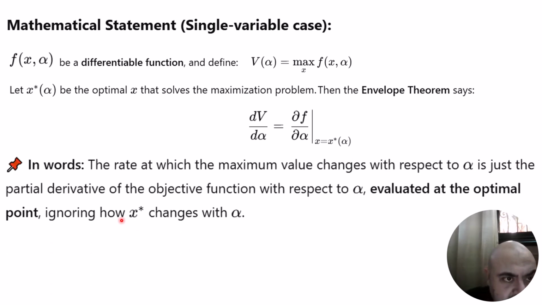Okay, the explanation in words: the rate at which the maximum value changes with respect to alpha is just the partial derivative of the objective function with respect to alpha evaluated at the optimal point. So I must have done the analysis of the function and found my optimal point, all the information is with me.